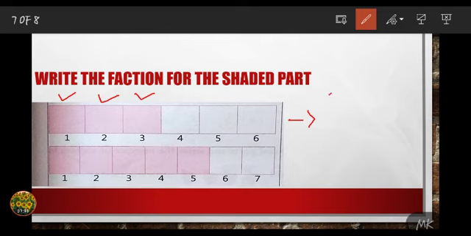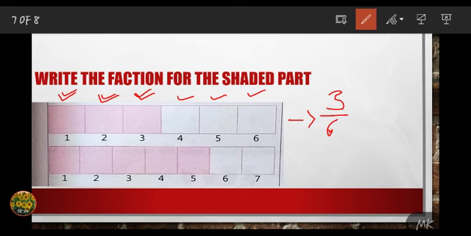So we will write 3 at the top and upon it the total number of parts. How many total parts are there? 6. 1, 2, 3, 4, 5 and 6. So 6 we will write at the bottom. Okay, so this is the fraction of the shaded part of this example.